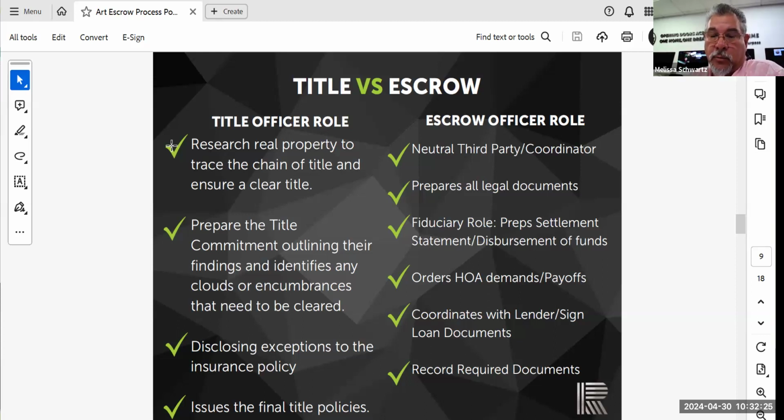It all goes back that far. We normally will only search from the previous transaction forward, because the previous transaction was searched by Old Republic, First American Title, Chicago Title, Fidelity Title, one of those title companies. And we know that they insured from when they covered it all the way back. So we normally just fill that gap in from the time that they did it until we get the transaction.